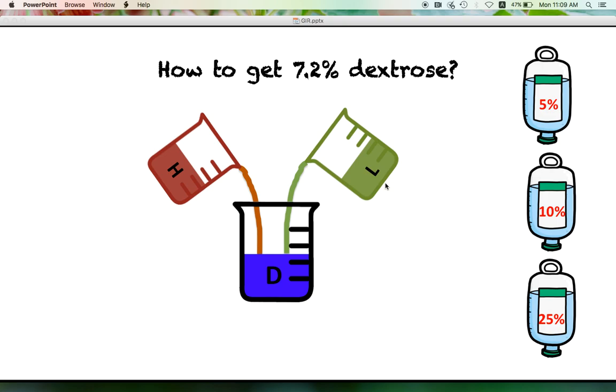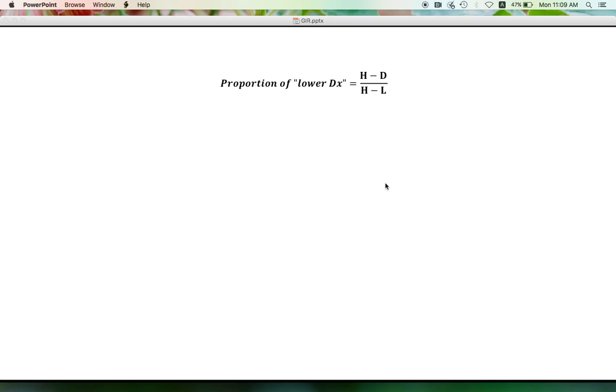How much of each dextrose solution you need to mix, you can get with this easy formula. The proportion of lower dextrose will be equal to H minus D divided by H minus L, where H is the higher concentration of dextrose, D is the desired concentration, and L is the lower concentration of dextrose.